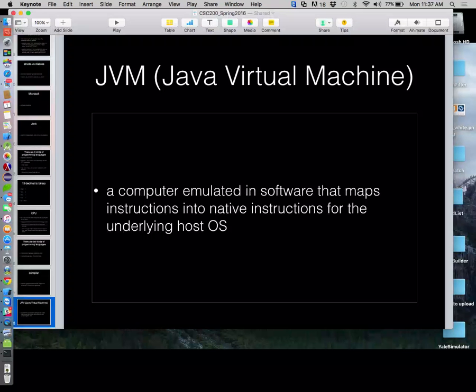So in our practical world, forget about Java for a second. If we're running Windows and we're emulating Linux inside of Windows, whenever we do something inside of our Linux operating system that's being emulated, at the end of the day, that gets translated by the virtual machine into the equivalent instructions for Windows. Because Windows is ultimately the guy who's carrying out those instructions.